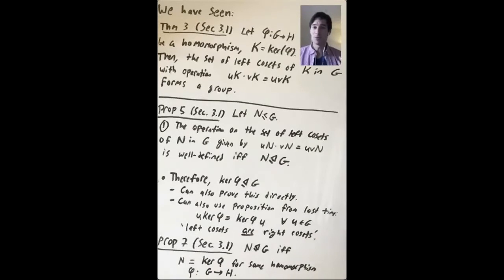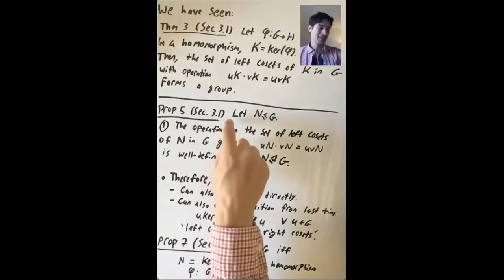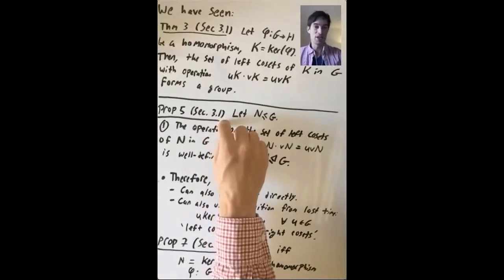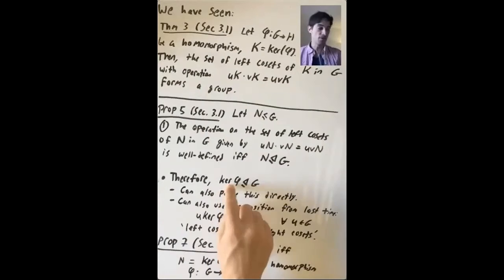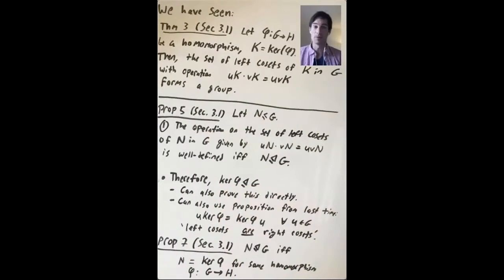So this proposition and this theorem together show that the kernel of any homomorphism has to be a normal subgroup.